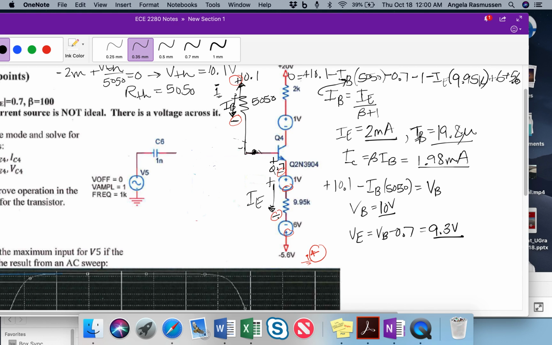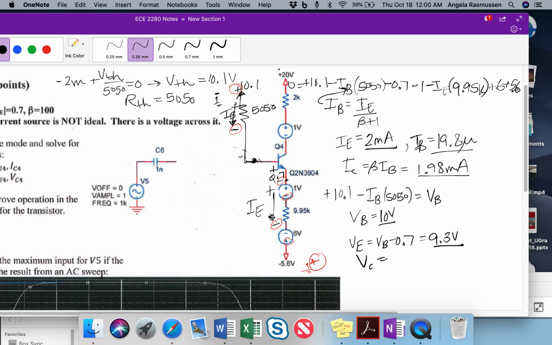I can also find VE from the loop from ground up to VE. That would be a minus 5.6 minus 6 plus IE 9.95K plus 1 will give me the VE value. VC is going to be a plus 20, and then IC is going to be here, so I get a plus to minus, and so a minus IC 2K and a minus 1.